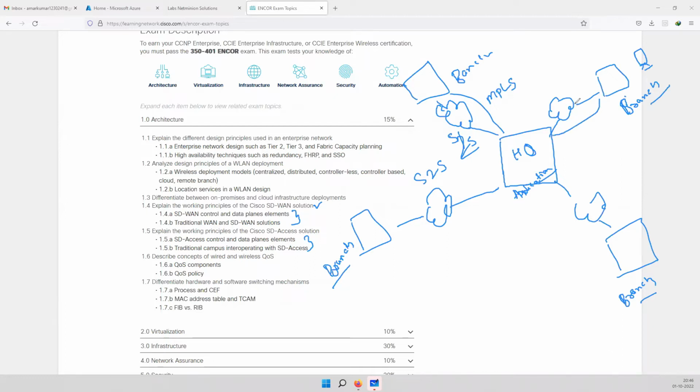Sorry, it might not be related to this, but my question is, in MPLS are we also using any routing protocol like BGP or EIGRP, anything like that? Yeah, we are using that. MPLS uses some kind of label.